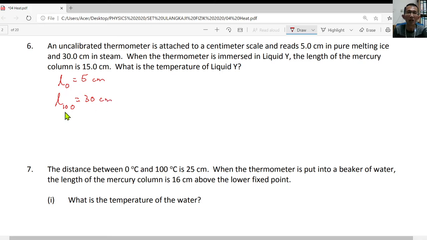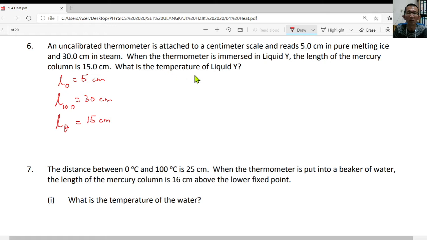These two are the known fixed points, the freezing point and the boiling point. When the thermometer is immersed in liquid Y, the length of the mercury column is 15 centimeters. That will be my L theta. We don't know the temperature, but the length is 15 centimeters.